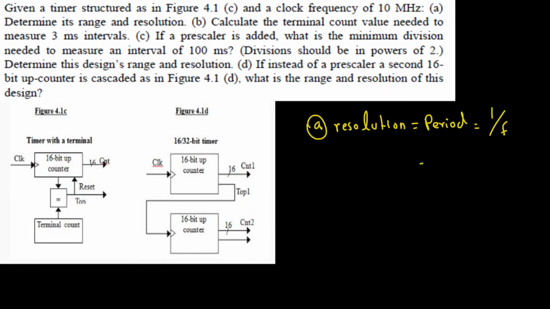The frequency provided to us is 10 megahertz, so I put 1 over 10 mega. Mega is 10 to the power of 6, and with this 10 it makes 10 to the power of 7, so it's going to be 10 to the power of minus 7. The unit is going to be second because hertz is 1 over second. That's our resolution.